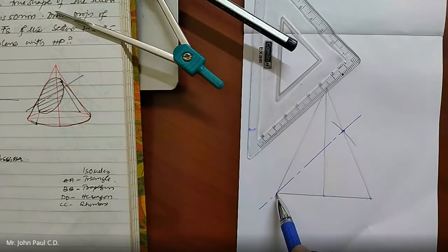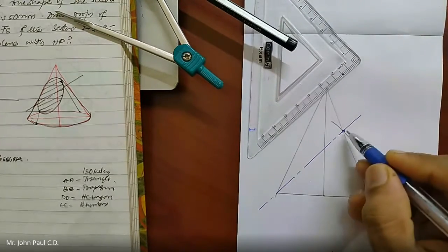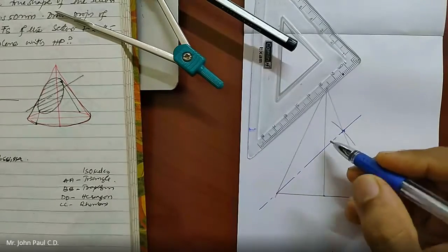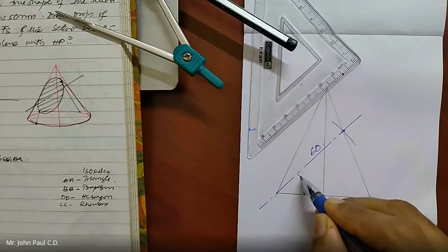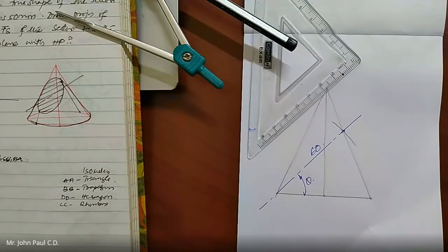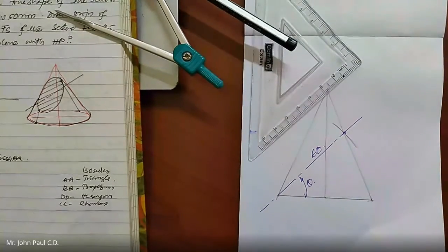It is passing through a point, that's right, but it is not cutting the base. So this will give an ellipse with major axis 60, isn't it? Right? And if you measure the inclination, you will get the final answer, which is the inclination of the section plane. Correct?